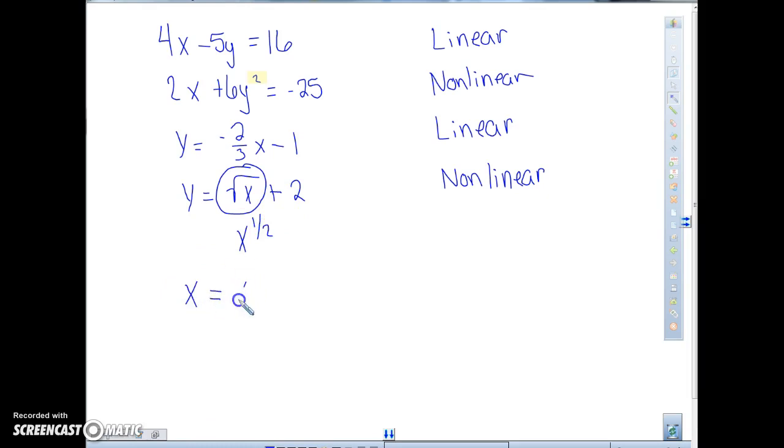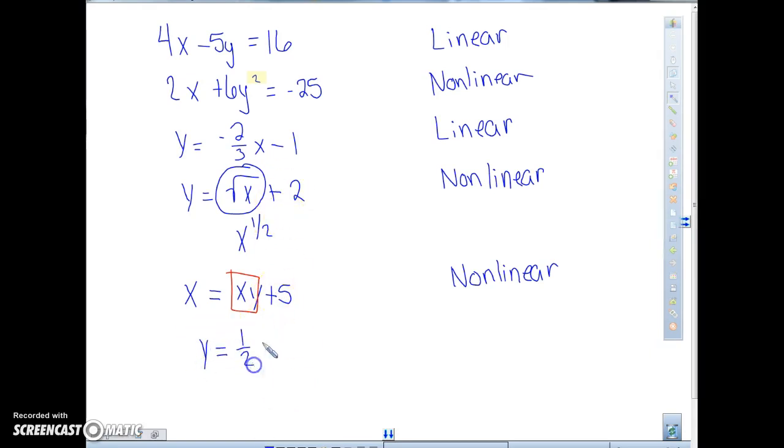We have x equals xy plus 5. This is nonlinear. I hope you got that one right. It's nonlinear because the x and y are multiplied together. Let's do y equals 1/2 x. This is linear.